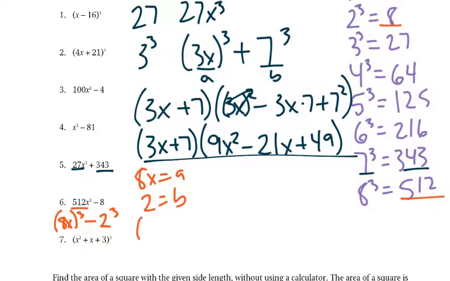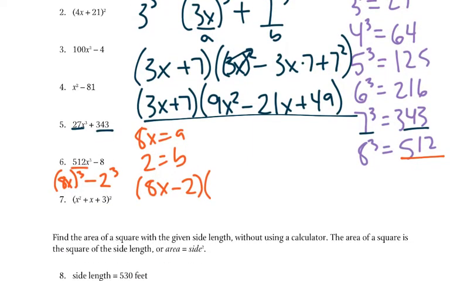So it would be 8x minus 2 times 8x squared plus 2 times 8x plus 2 squared.